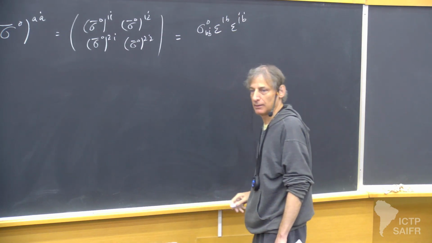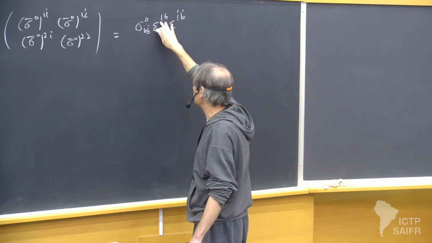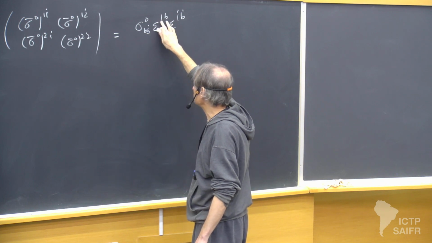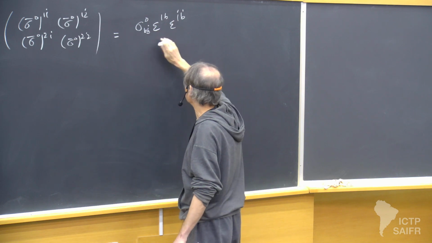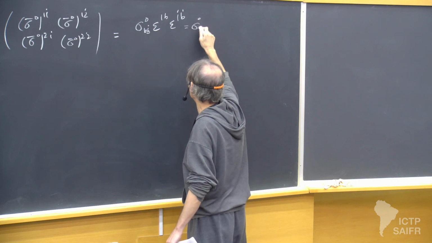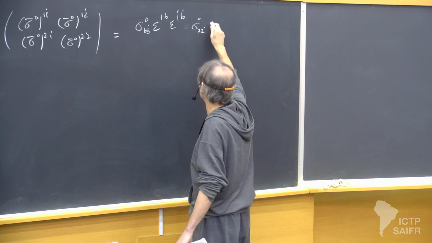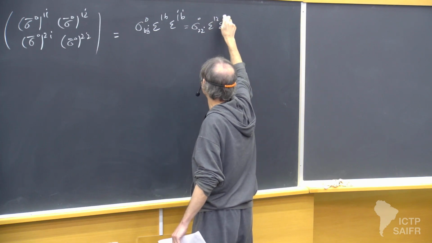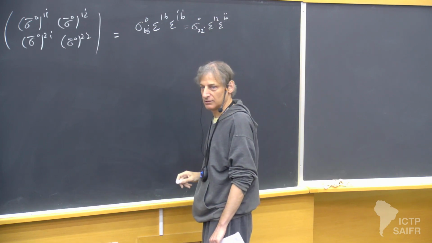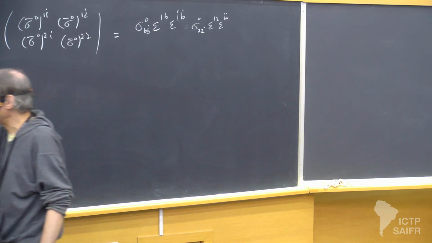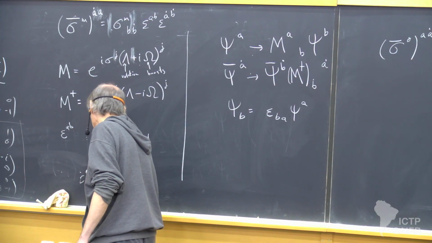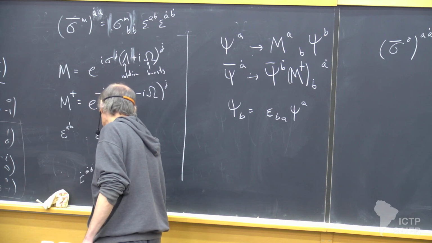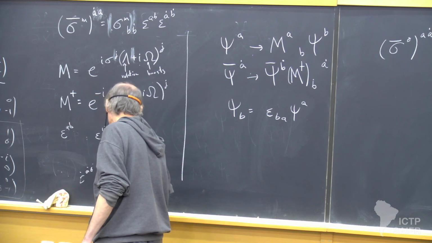But this epsilon is only non-zero if the first element is 1, so this has to be 2. So the only thing that can contribute here is sigma 0 2 2 dot, epsilon 1 2, epsilon 1 dot 2 dot. Epsilon 1 2 is 1. I didn't tell you the dot: the dotted one is the same. Epsilon A dot B dot is the same, so epsilon 1 dot 2 dot equals epsilon.